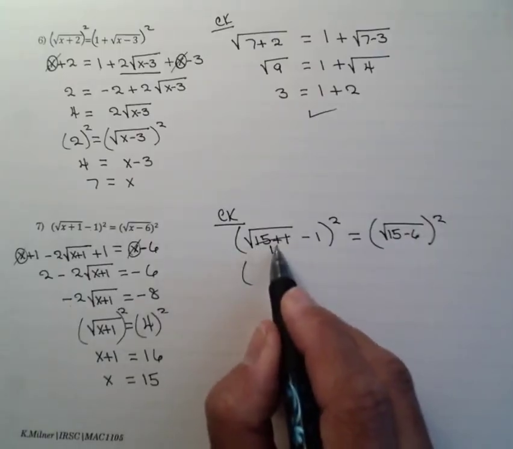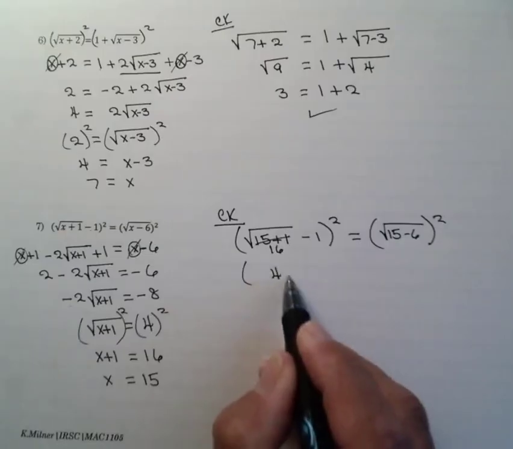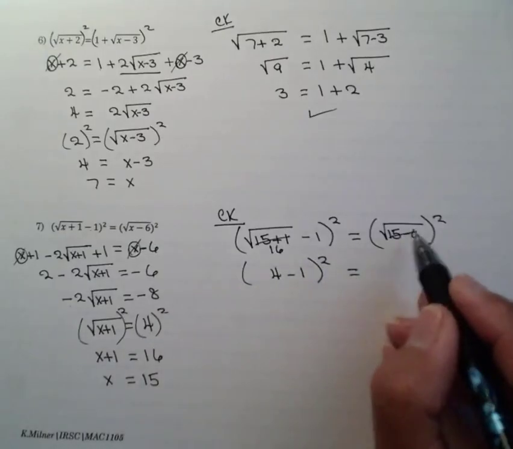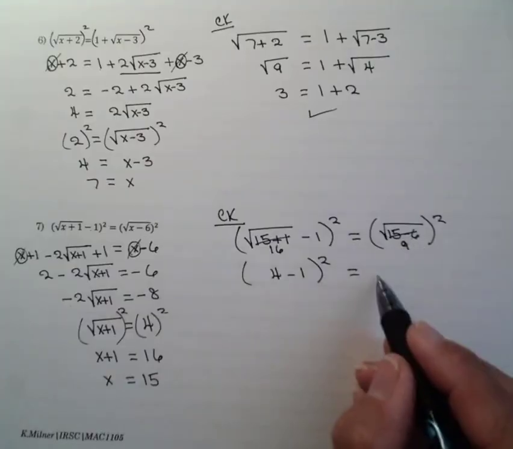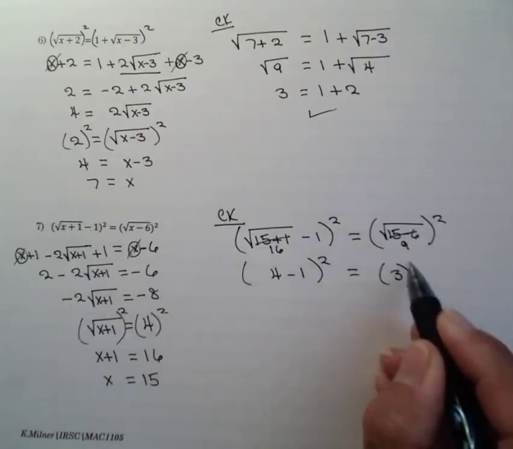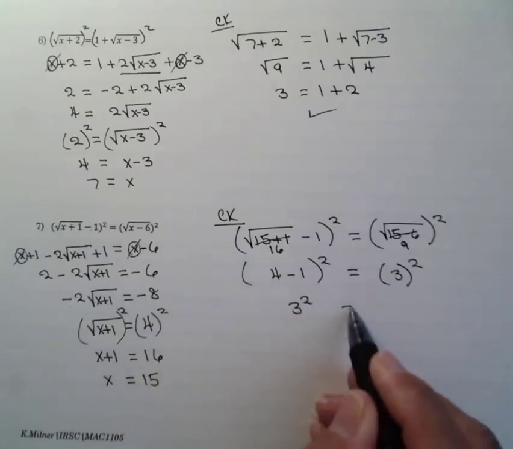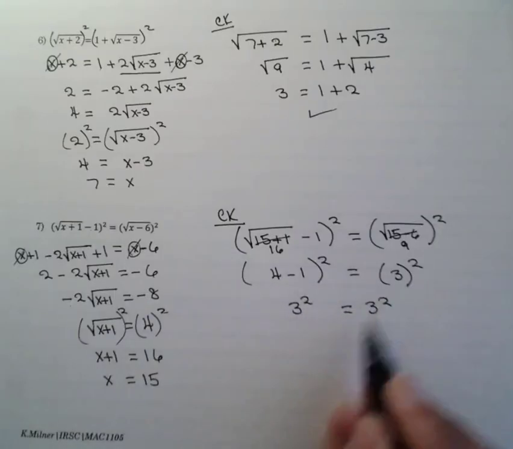Well, this one is 16. What's the square root of 16? 4. Okay? And this one is 9. What's the square root of 9? It's 3. So what I have here is 4 minus 1 squared, which is 3 squared. And over here I already had 3 squared, didn't I? Which is really 9 is equal to 9. And I have my solution.